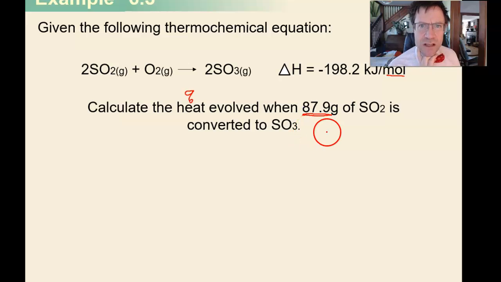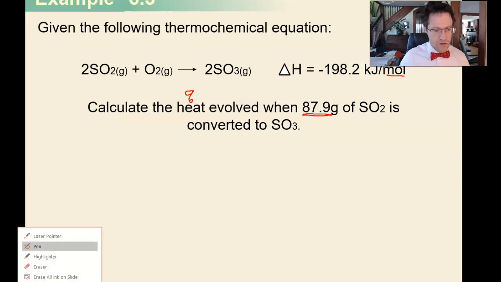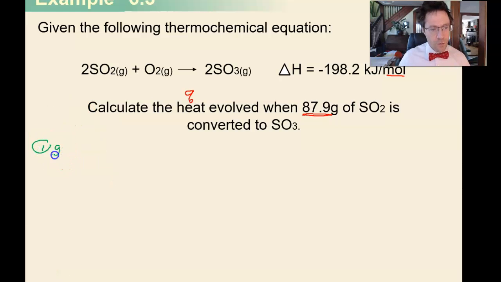So I guess there's a couple ways we can go about doing this. Instantly, my brain goes like this. I'm going to try to make things clear for my brain. Step 1, I'm going to want to go from grams to moles, because what I've got here is grams, and this is moles.